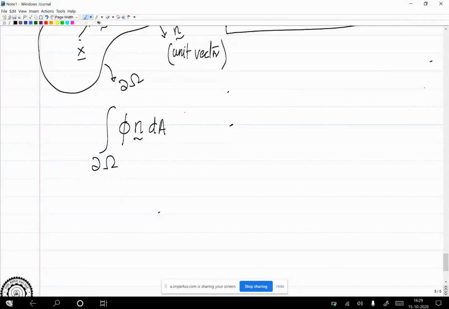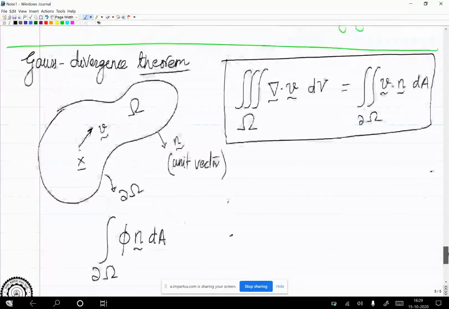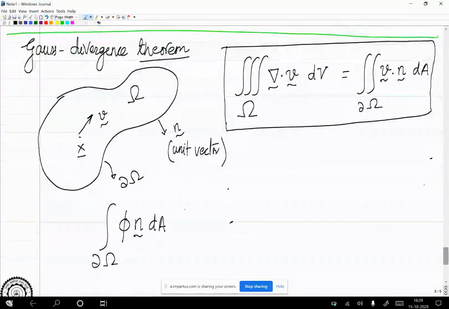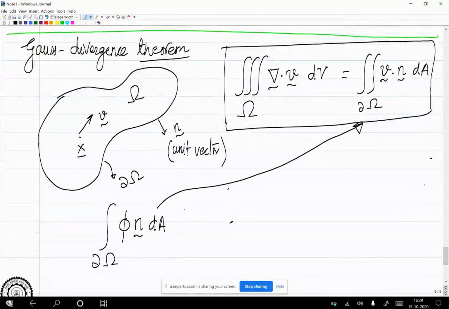What do you think? Look at the Gauss divergence theorem. Is it in that particular form? I can compare this with the right hand side here. But on the right hand side, I have a vector field V dotted with n. So V is a vector field.